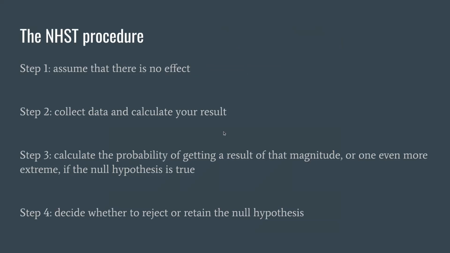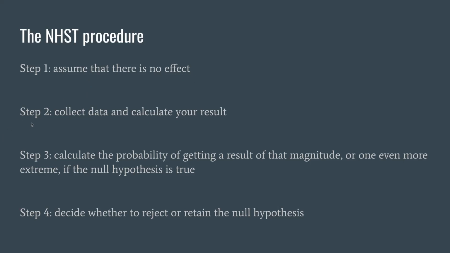So there's a procedure. Null hypothesis significance testing begins with an assumption called the null hypothesis. The null hypothesis is assuming that there is no effect, and we are trying to test the difference between two conditions. So step one, assume that there is no effect.